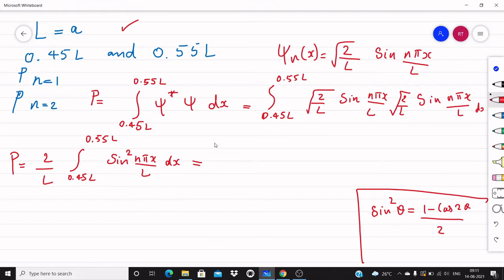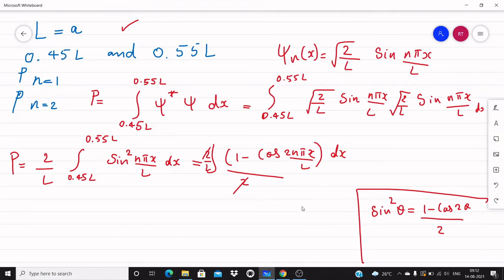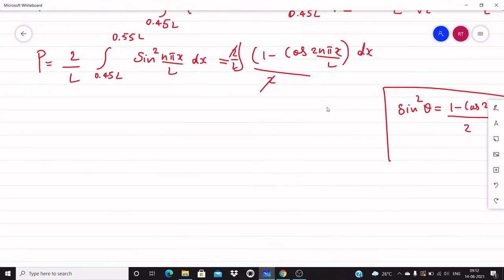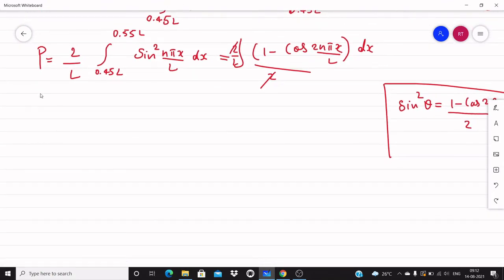So it will be integral, 2 by L is there, integral 1 minus cos 2 n pi x by L into dx, the whole divided by 2. So this 2 gets cancelled.